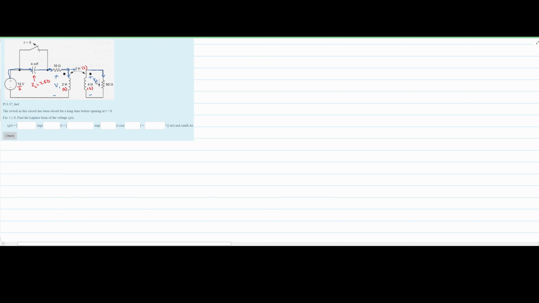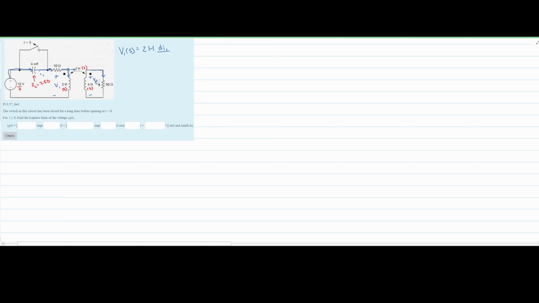So for this, we are going to be looking at our V1 first. Our V1 is in the time domain, so it's going to be V1(t). And this is equal to the inductor right here, 2H, times di1 divided by dt, because we're dealing with I1 on this side. This will be our I0, it's given to us as I0.